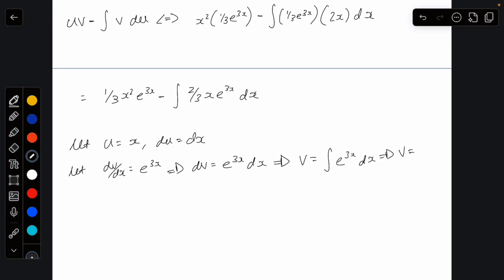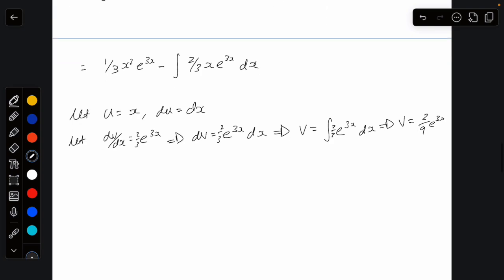Might as well do the whole thing, so with the 2 over 3, if we integrate this, we're going to get a value of 2 over 9 e to the 3x.